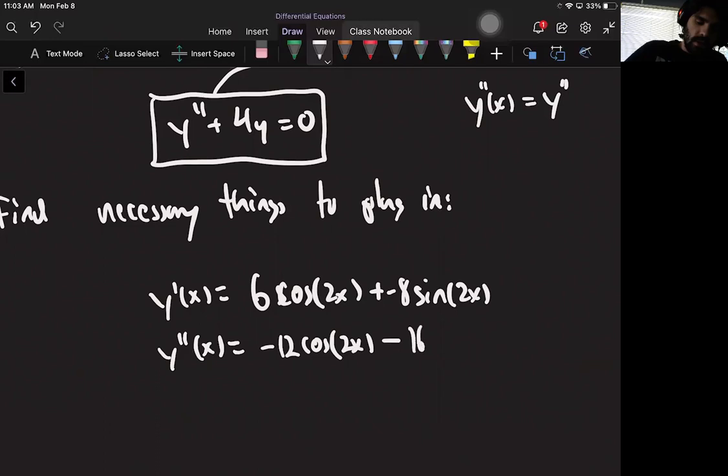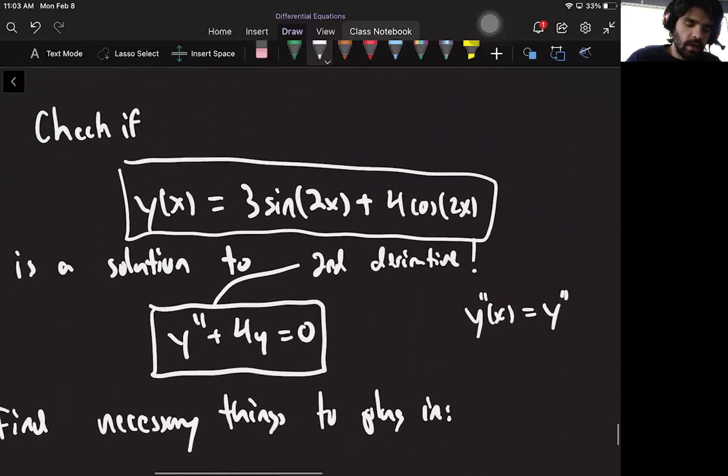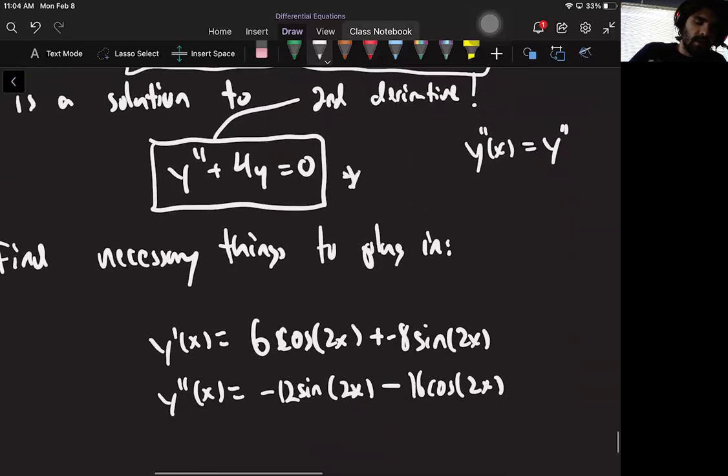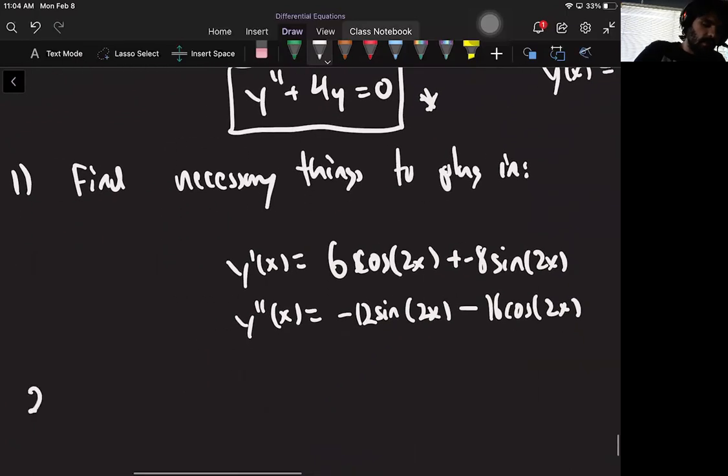Derivative of sine is cosine. Use the chain rule. Oops, the first time should have been a sine. That's okay. Okay, so that's my first and second derivative. When I'm actually plugging it in, my differential equation only has a second derivative in it. So I'm not going to need the first derivative, but that's okay. I needed it to get to the second derivative. All right, so let's plug it in.